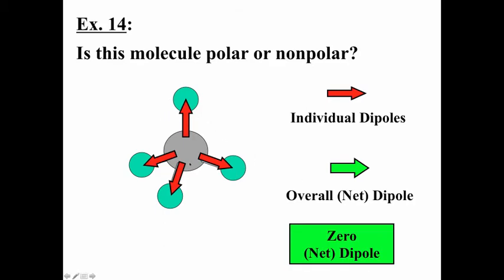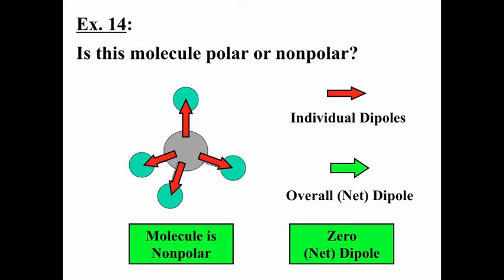All of these cancel out, and the overall net dipole is 0, and we therefore say that the molecule is nonpolar. And please note, here we're doing a molecule and its polarity, not the bonds individually. So we use the bond polarity to get to the overall molecule polarity, and those are somewhat separate questions.